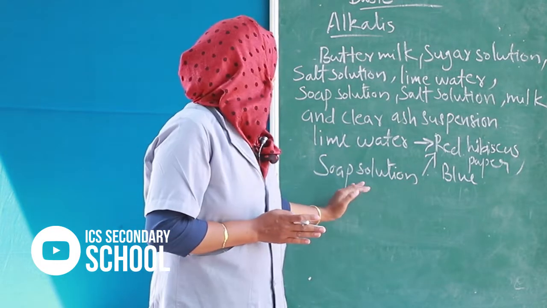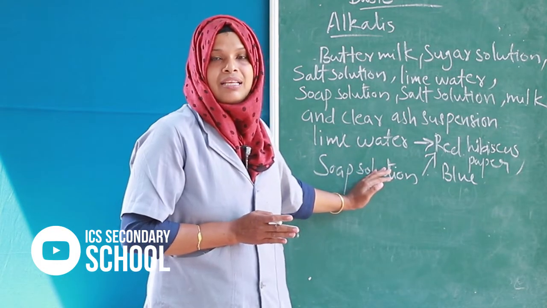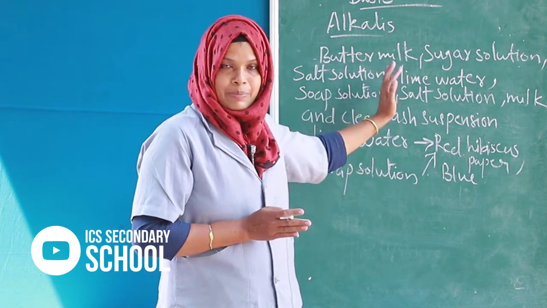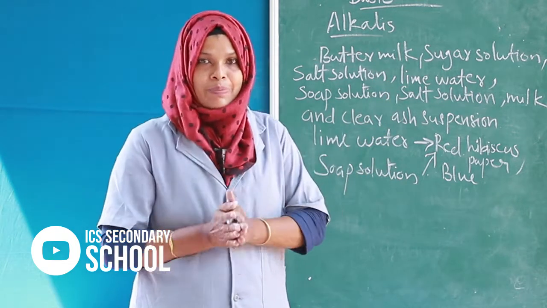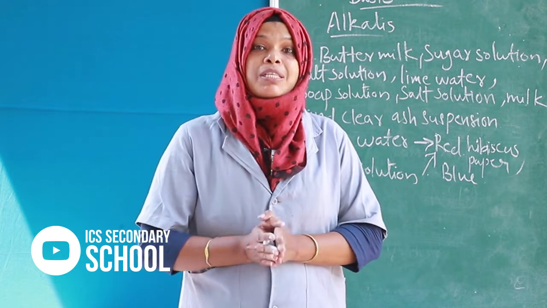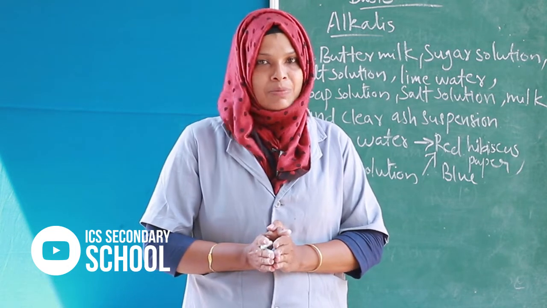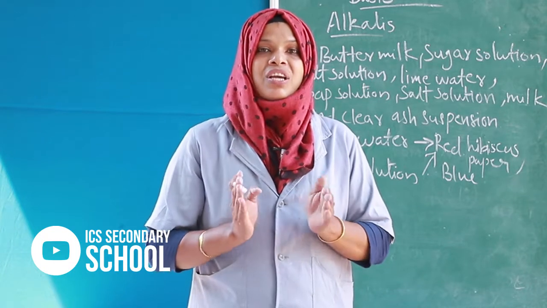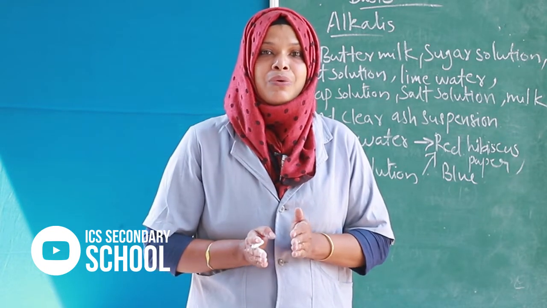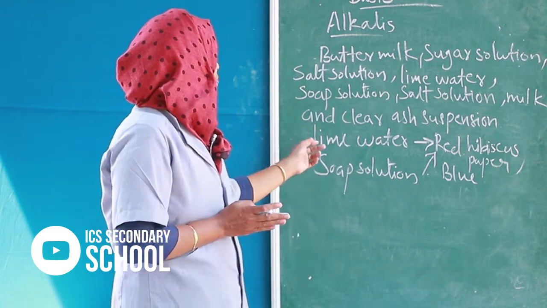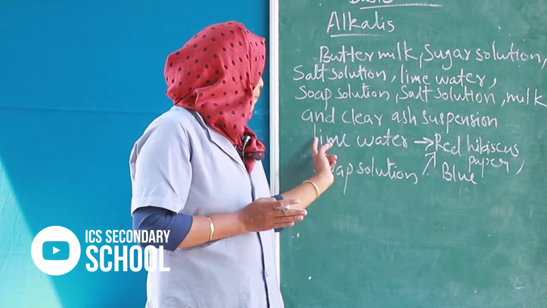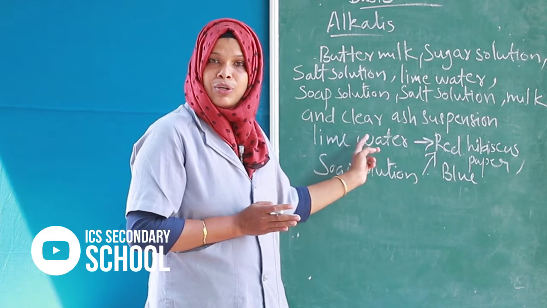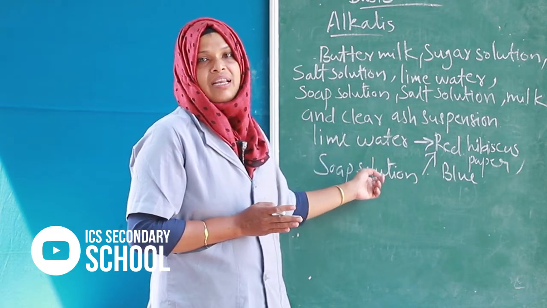Then next you should do the same experiment with litmus paper, a red litmus paper. You can see that the red litmus paper changes its color to blue in these solutions.